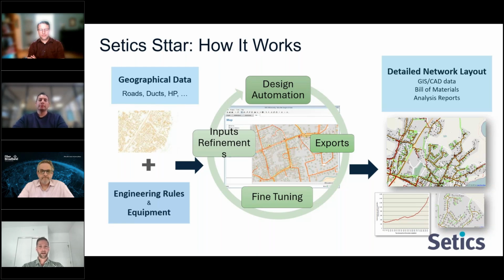And then number 3, Star provides very fast computation time. How fast? Just to give you an idea, we can do 500 premises in a few seconds, 40,000 premises in a single run in less than an hour, and 500,000 premises overnight through automated batch processing.